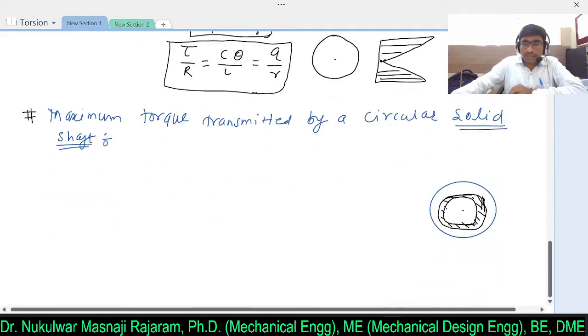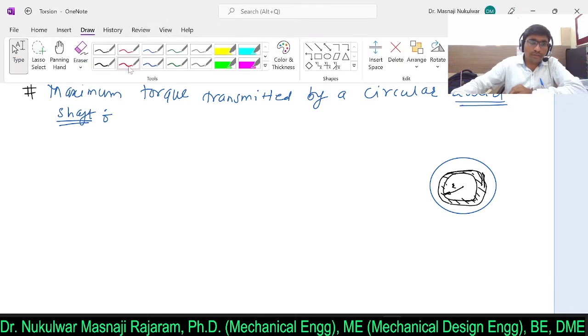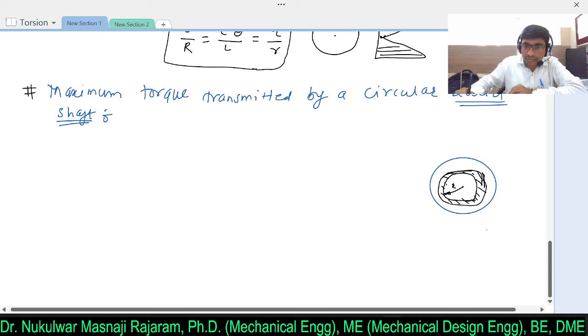Clear? Now here if you observe this cross-section from this side, then I am considering a small strip at a distance of r. So if I measure this distance, this is distance r. Clear? And if you measure the radius of this particular shaft, this is capital R. Clear? So how can we evaluate the area of the strip?